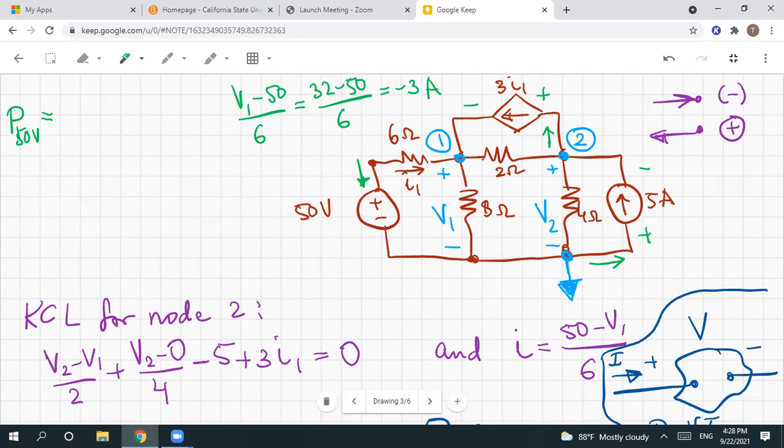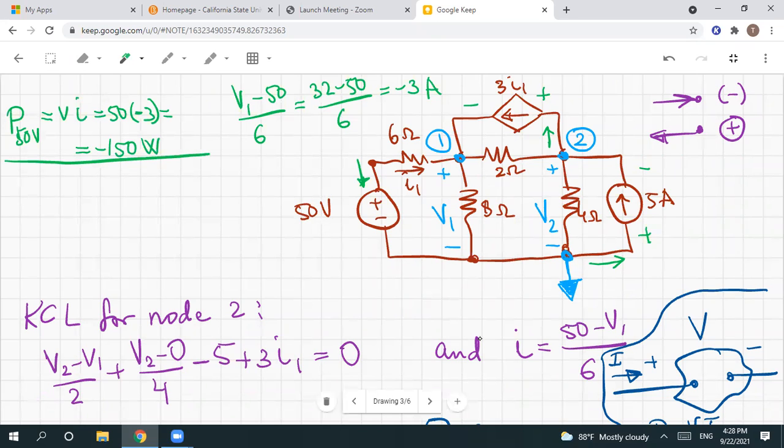So VI, where V is 50 and I is negative 3, and this will be negative 150 watts. This means that this source is delivering power. So this is the first source.